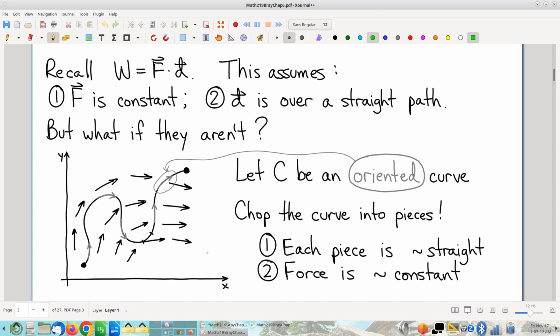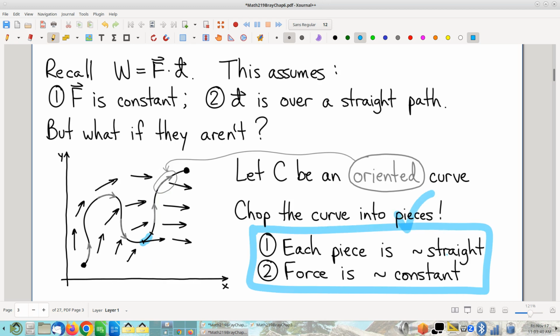And so in a real-world scenario where your vector field is highly variable, like I have here, and the path that you're following is not straight, then what do we do? It's a very analogous circumstance to what we've previously seen, and I'm just going to do the same thing. I'm going to say, okay, sure, but if I were to look at just one little piece, on those little pieces, they are approximately straight, and there's not much room to have moved, and so the vector field is approximately constant. So chop it up into little pieces is the answer.